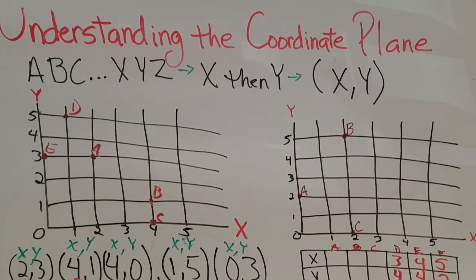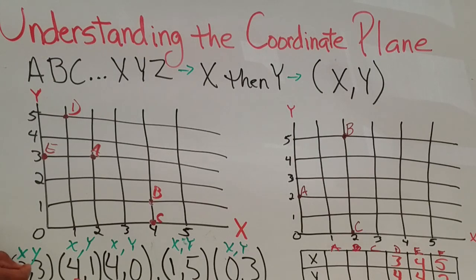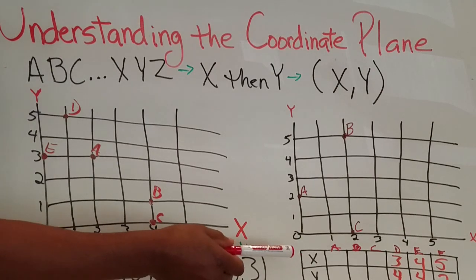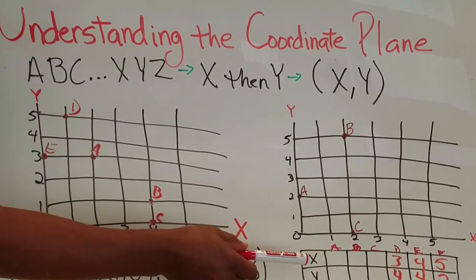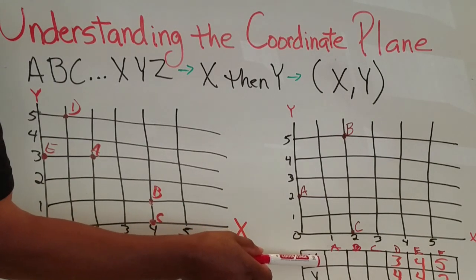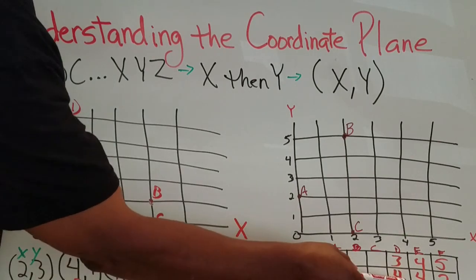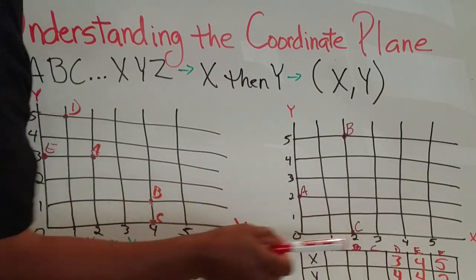Now that you've written that down, I want you to complete the table. What goes in this table? I don't know, Mr. Tucker. Yes, you know. Look at here. If X is 3 and Y is 4, that's going to be point D. These are your points.